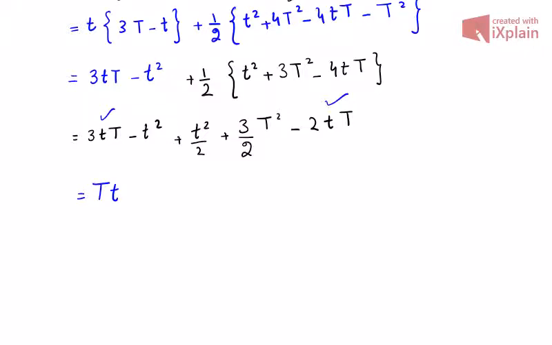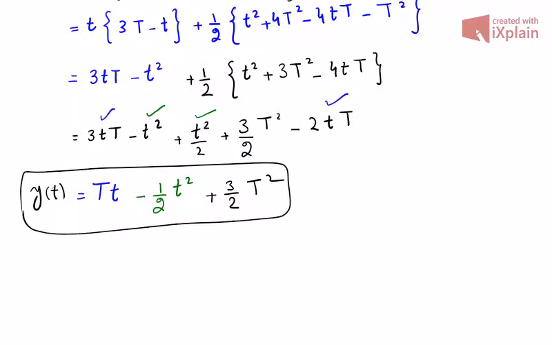Now like terms, here you can see 3 minus t square plus t square over 2, so minus 1 over 2 t square, and then you have 3 over 2 capital T square. There is no other term for this one, 3 over 2 capital T square. So your y of t is actually this one.